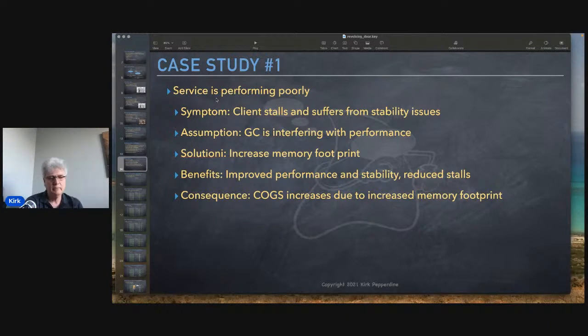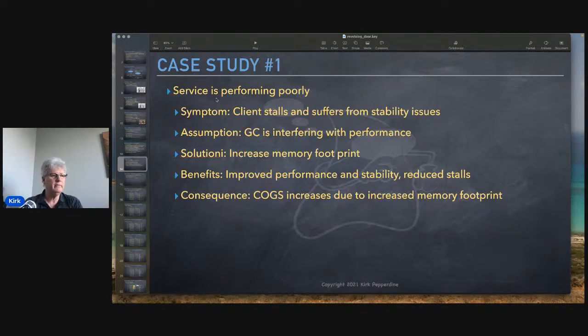They figured it probably had something to do with the garbage collector, so they increased the heap size and redeployed. And boom, all of the problems magically went away. They got much better performance and stability, and none of the stalling issues they had before.